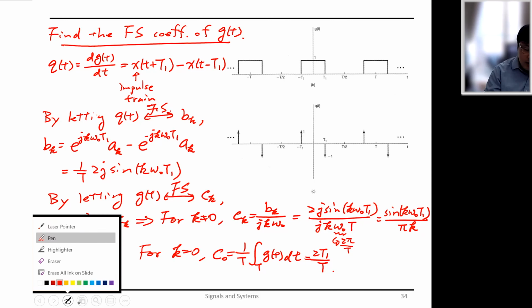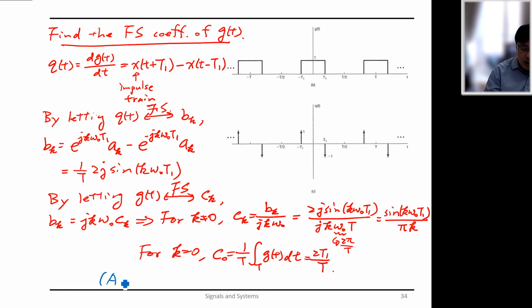Okay, so this is just an alternative derivation to example 3.5.